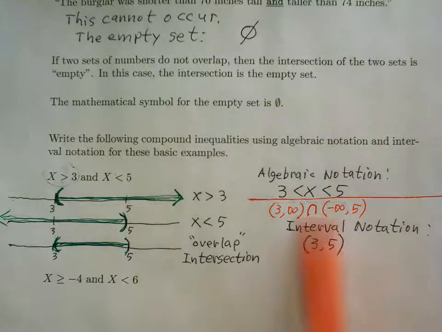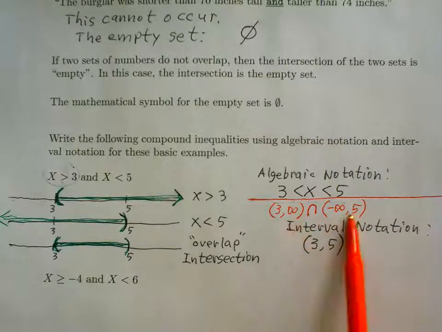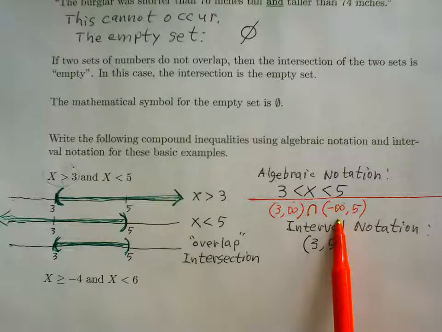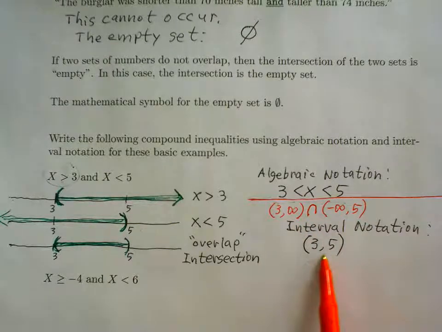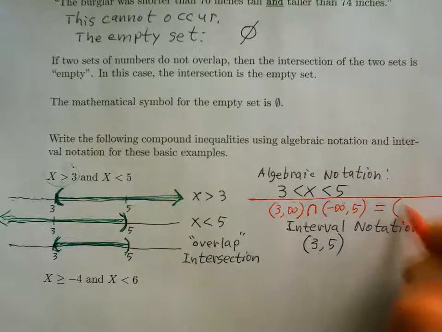This is also a valid interval notation, but it should be written more simply because the overlap is just from 3 to 5.